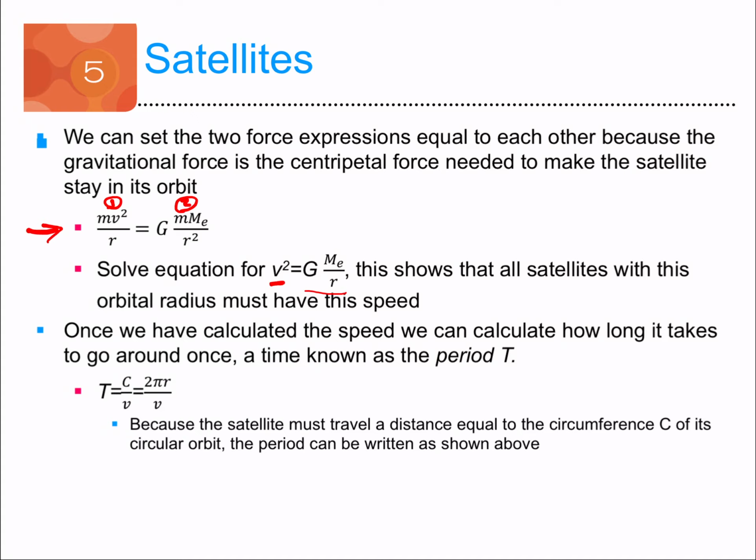What this shows us is that all satellites with this orbital radius have to have the same speed. Once we know the speed, we can calculate the period. Period being time, we have period equals c over v. We substitute what c is, which is the circumference of the circle, and we get T equals 2 pi r over v.